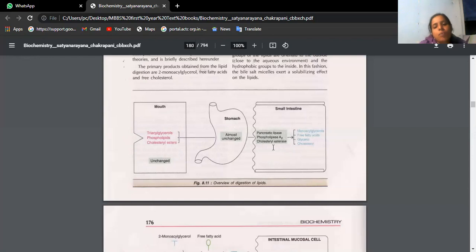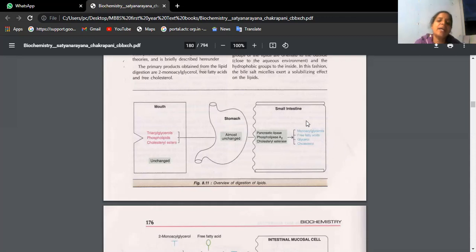In the small intestine we have pancreatic juice, bile juice, and intestinal juice. All these three juices contain pancreatic lipase, phospholipase A2, and cholesterol esterase, which will convert triacylglycerols to monoacylglycerols. Phospholipids are converted to free fatty acids and glycerol. Cholesterol is formed from cholesterol esters.